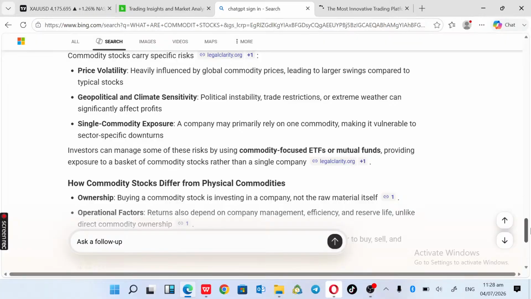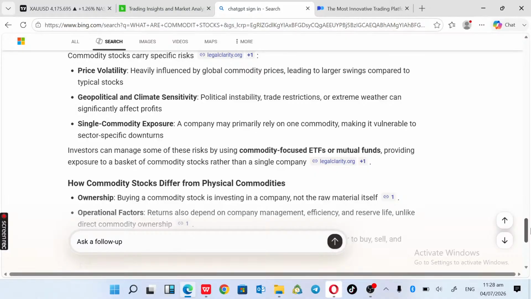CAD means Canadian dollar, USD means US dollar, and GBPUSD is Great Britain pound against the US dollar. So these are currencies. But when it comes to commodities, you are trading natural resources, which are oil, gold, and silver. Those are commodities because they are natural things. They are not currencies, but we trade all of them.